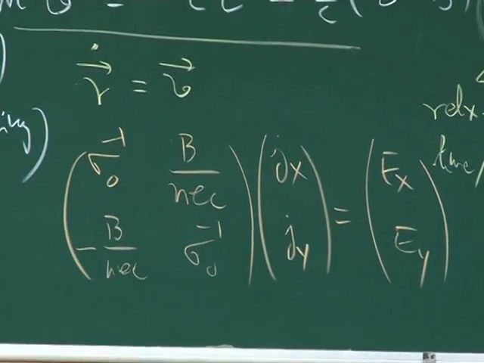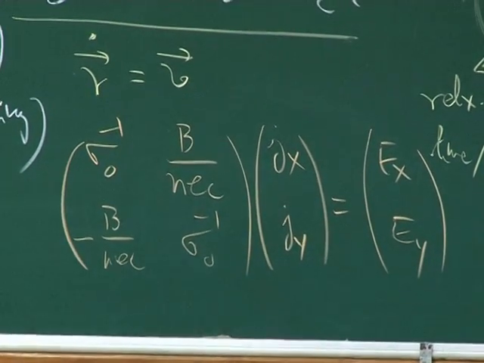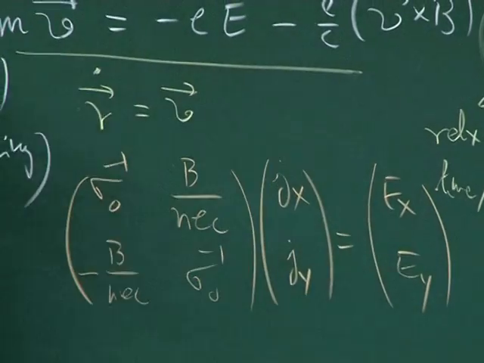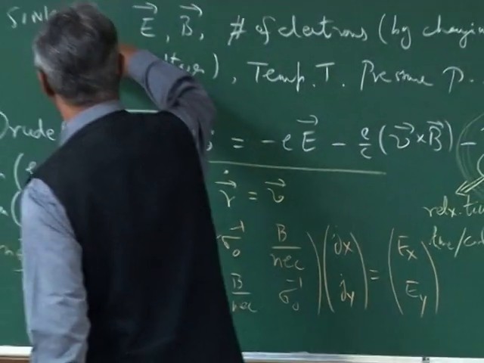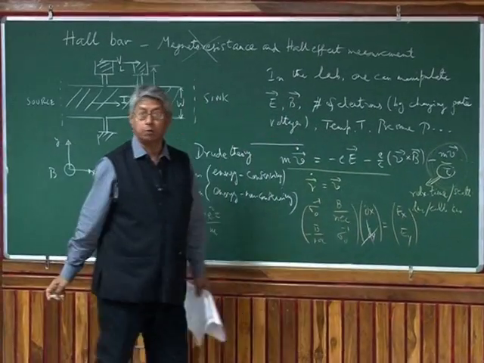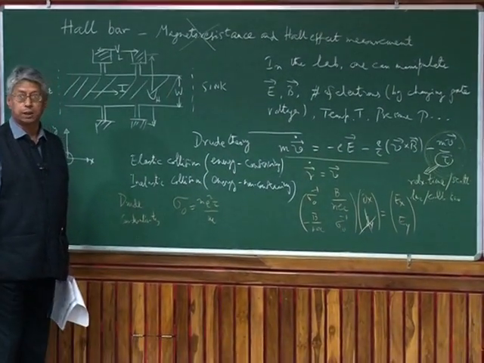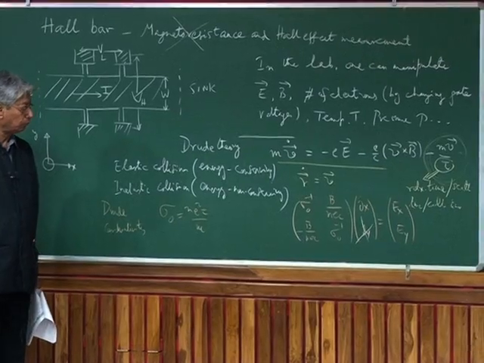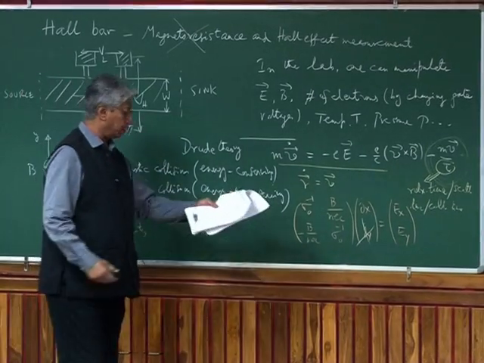So the current moves only along the x-axis. There is no Jy, so that is the Hall bar geometry. So Jy is actually equal to 0. We manipulated this, and in fact calculated it yesterday.